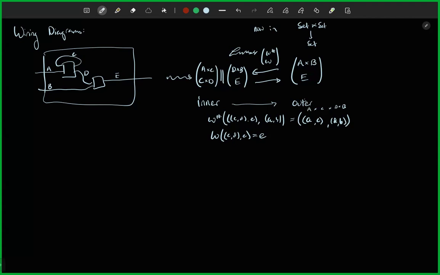Okay. So how do we see the diagram as a lens? So the diagram as a lens, we might note that in general, these don't all have to be distinct sets. Some of them could be the same. So this E could in fact also be an A, right?